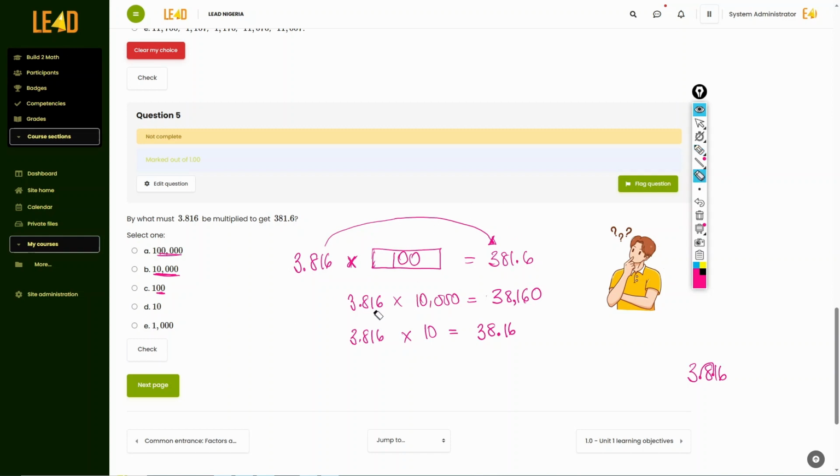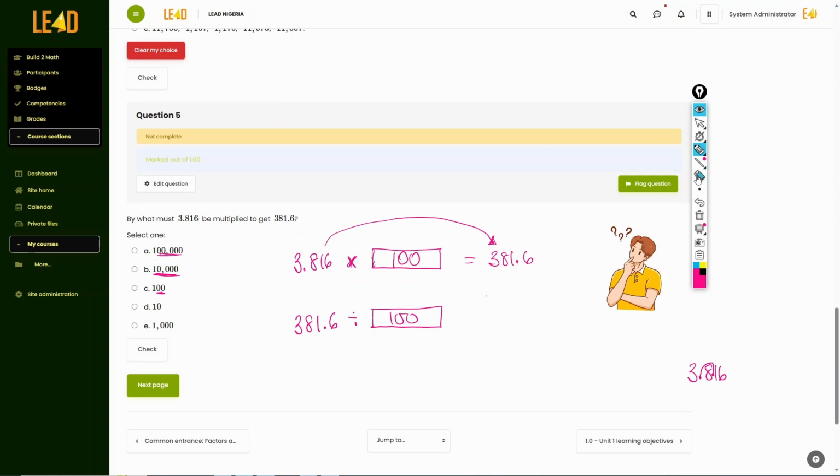In the same vein, if you're dividing, then you move backwards. Same process. So for instance, let's say I'm dividing, I'll do just one example of this. I'm dividing 381.6 by 100. This just means I'm going to move to the left now, all right?